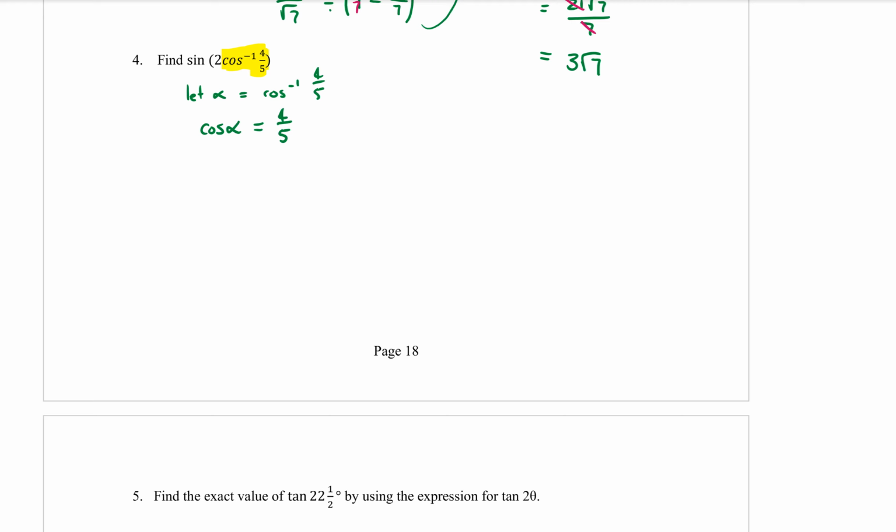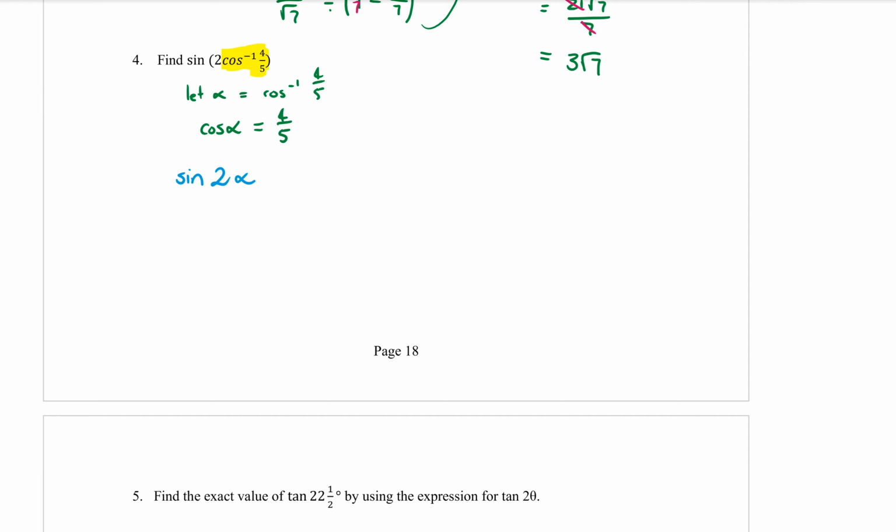So let's now have a look at what we have left. I'm going to use blue. So I'm going to use sine 2. Now I've called the inverse cos of 4 over 5 alpha. So I have sine of 2 alpha.